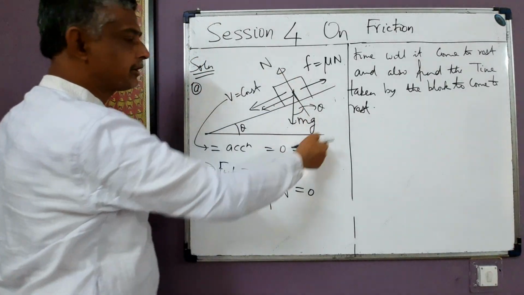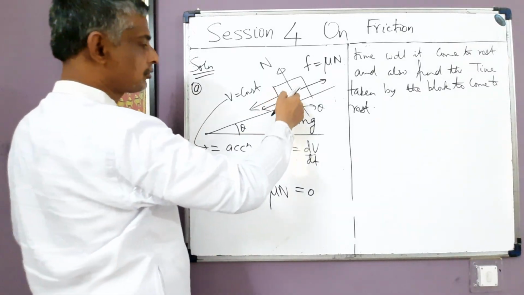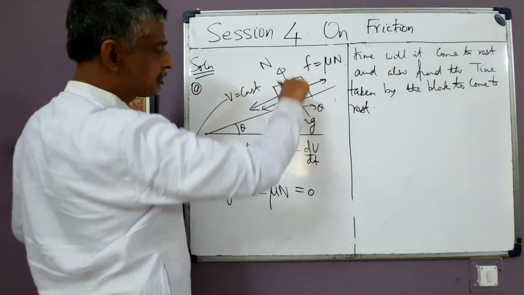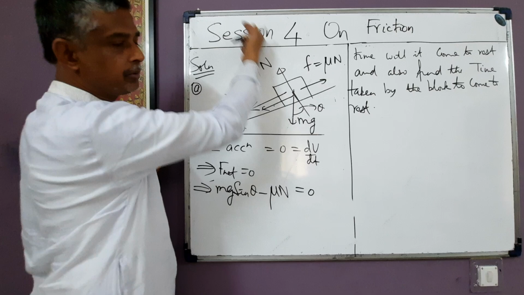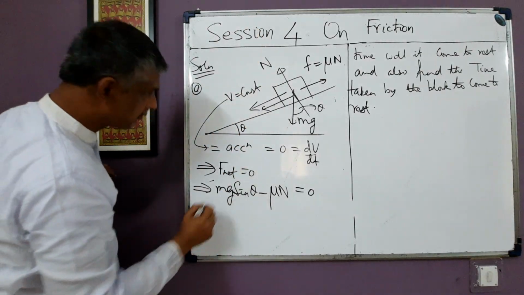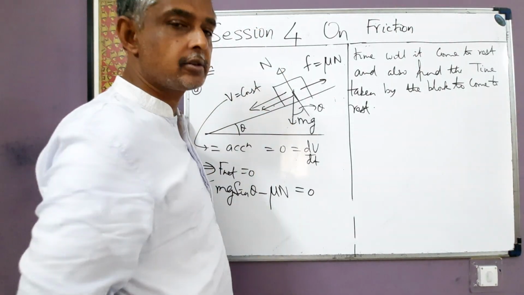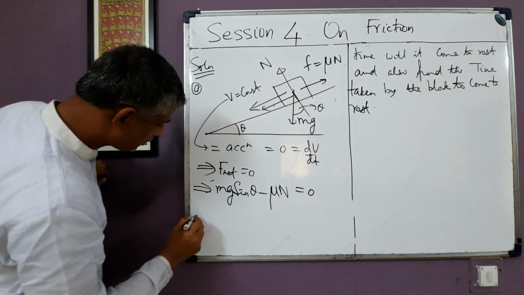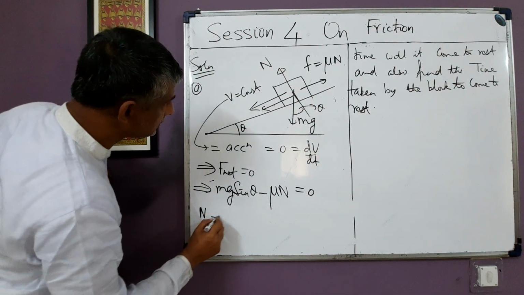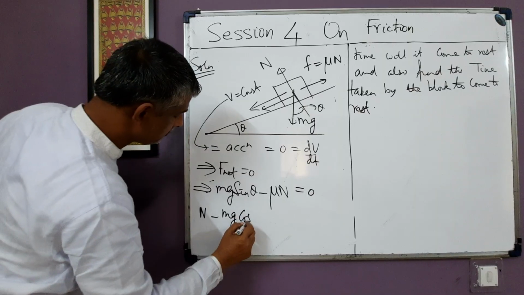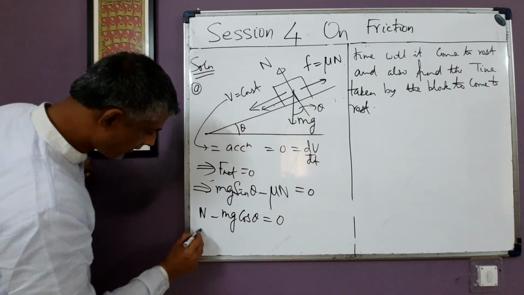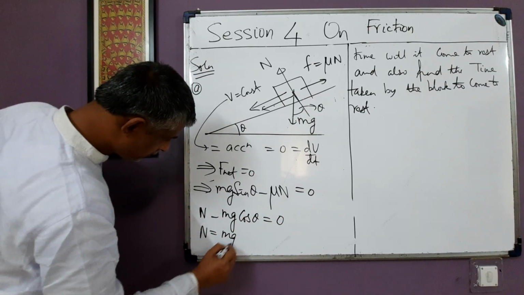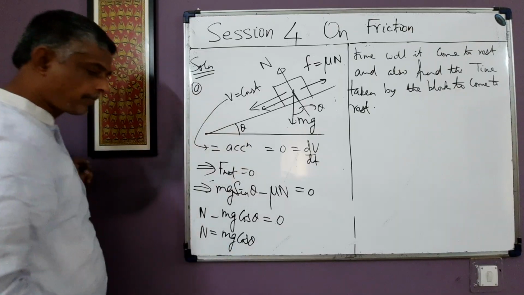The component of mg along the normal to the incline is mg cos theta in this direction. N is in the opposite direction. So since the acceleration of the block in this direction is also 0, the net force is 0. Therefore we write N minus mg cos theta is 0. So N is equal to mg cos theta.